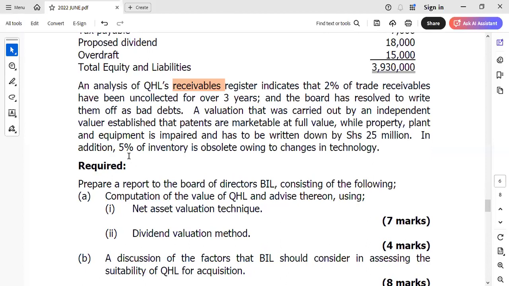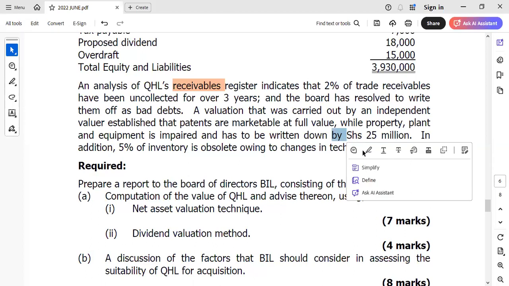But in a scenario where you cannot tell the market value, then you exclude that patent part, or issues related to goodwill, like that. Okay, they are telling us as well that PPE, that is property, plant and equipment, is impaired and has to be written down by shillings 25 million.